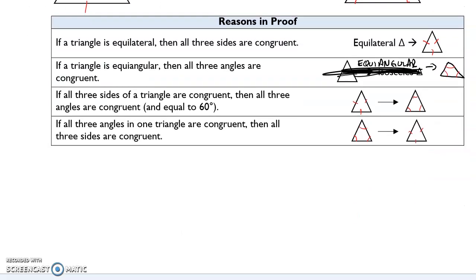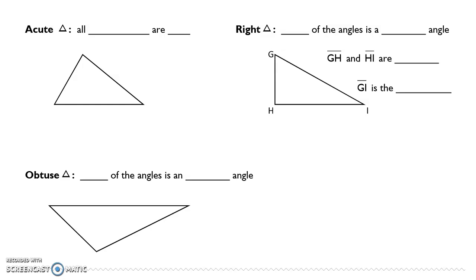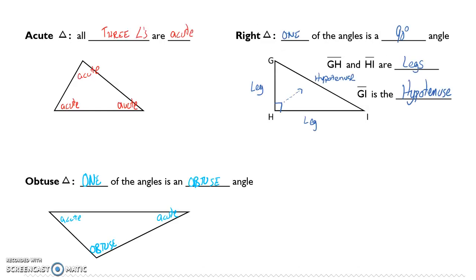Let's take a look at a couple of proofs here. Well, actually, first let's define acute, right, and obtuse. All right, so our quick summary here: acute triangle, all three angles are acute. There's not one angle that's not acute. In a right triangle, one angle is 90 degrees. The key is that the side opposite this 90-degree angle is always your hypotenuse.